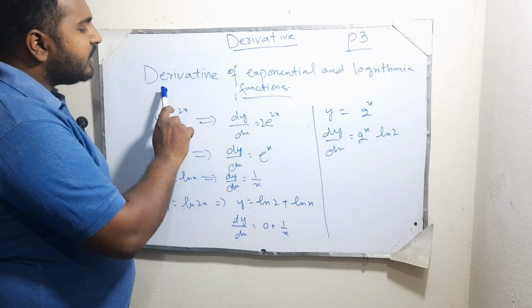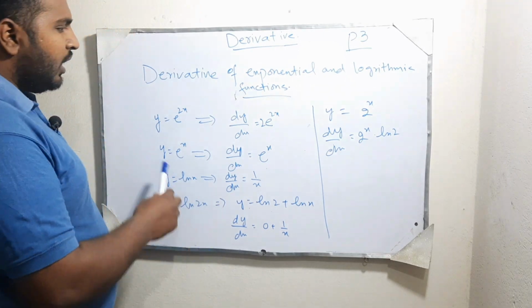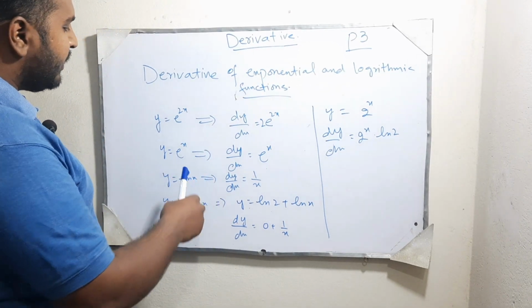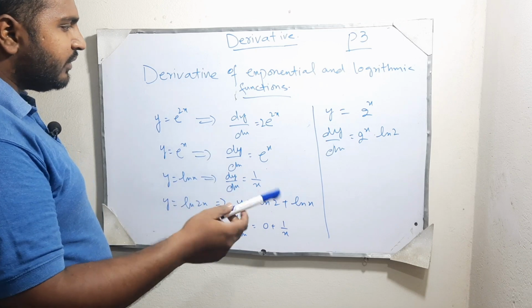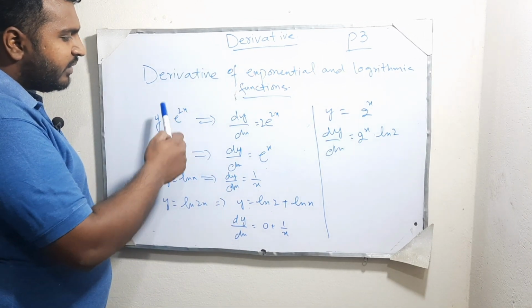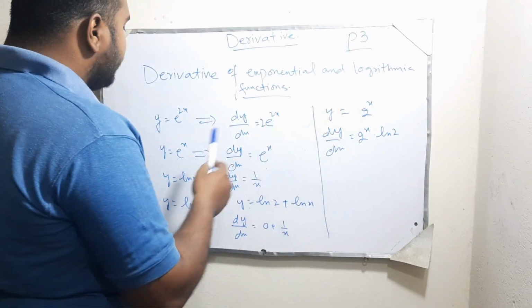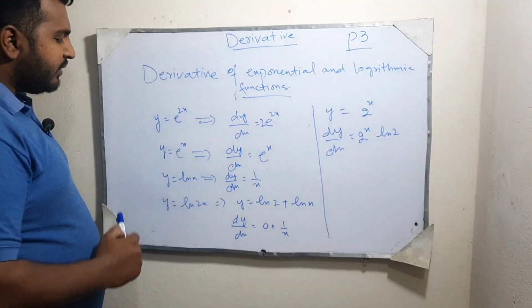Now we will discuss derivative of exponential and logarithmic functions. We have some exponential functions, the functions in which our variable arises in the power form, like here x is in power, here 2x is in power.